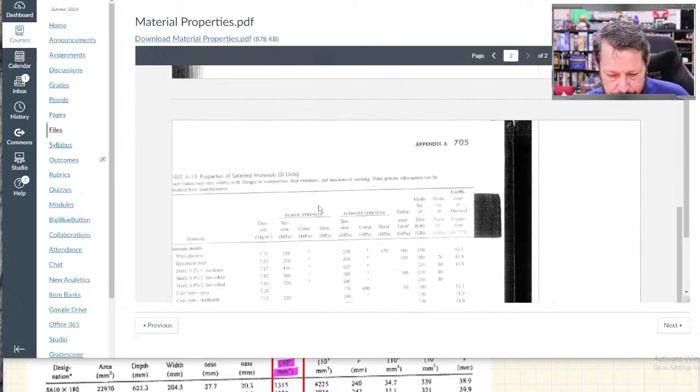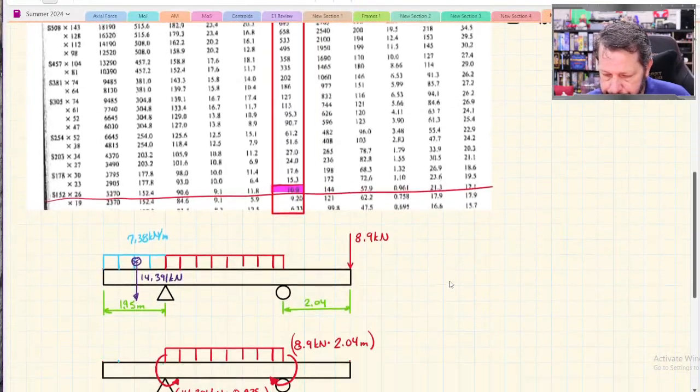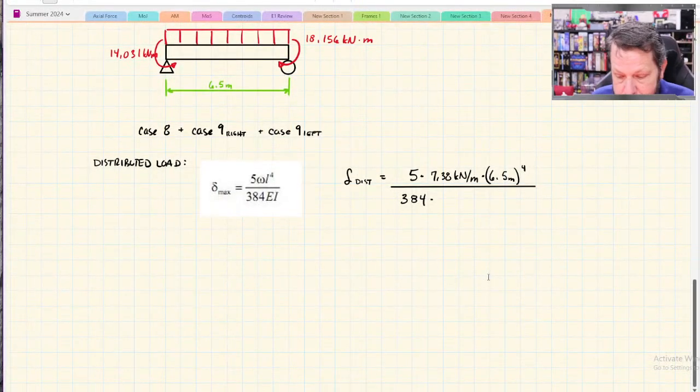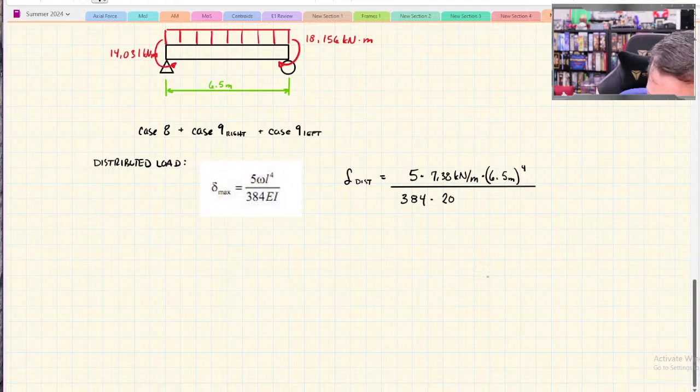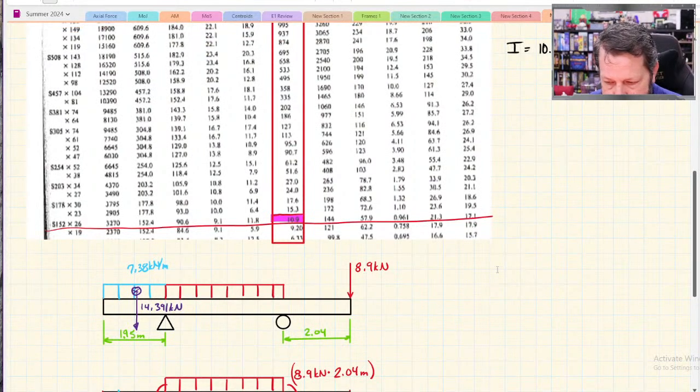I want the metric version, structural steel, E, it is 200 gigapascals, right there. Okay. So back in our equation, for E we can put 200. Giga means 10 to the ninth. I, that was the very first thing we got: 10.9 times 10 to the 6 millimeters to the fourth.